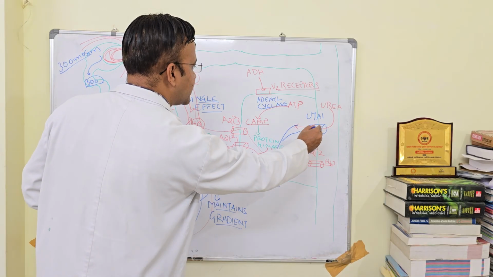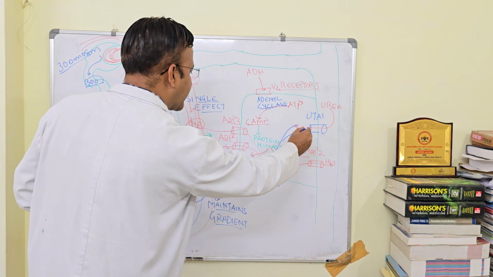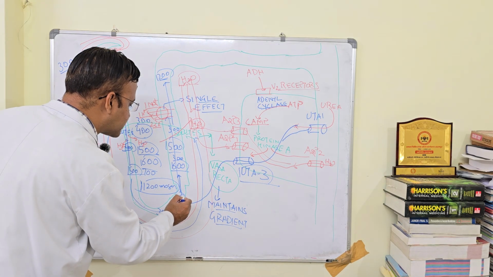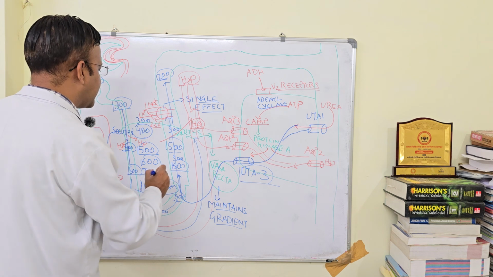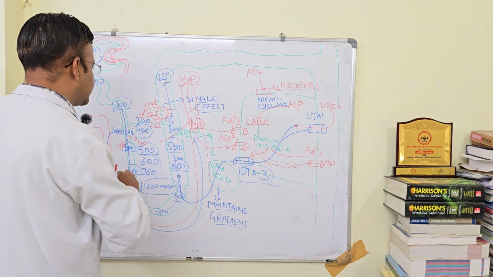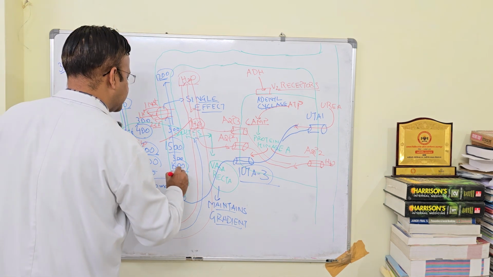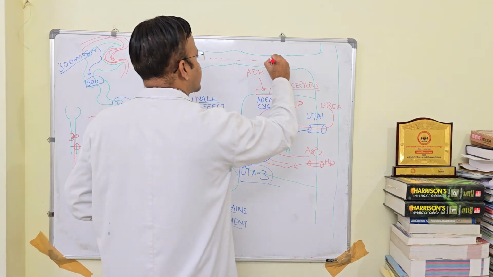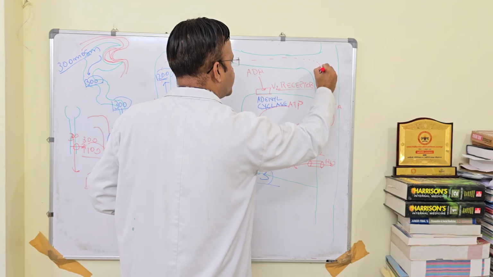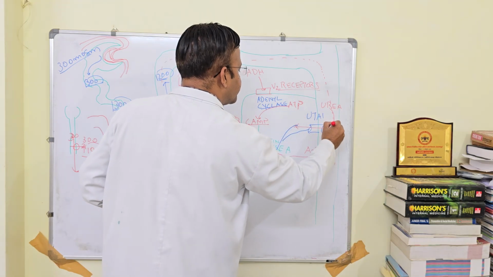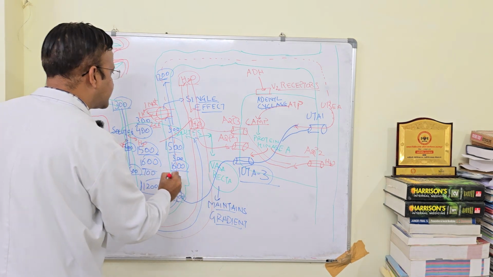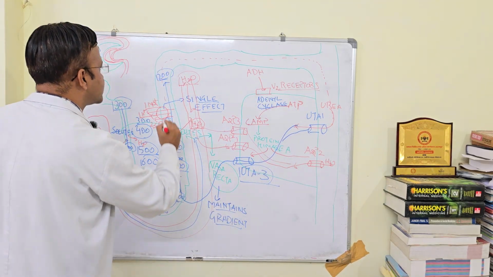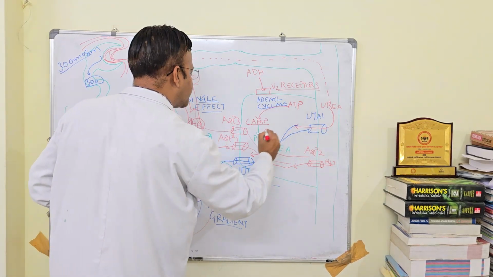So this urea will go through UTA1, UTA3. It will go to your thin ascending limb. And what will happen after that? This urea is going to circulate. It will go to your DCT, it will go to your collecting duct, and again come over here to UTA1, UTA3, thin ascending limb, and this big cycle of urea will go on.